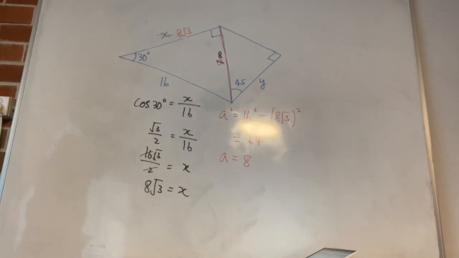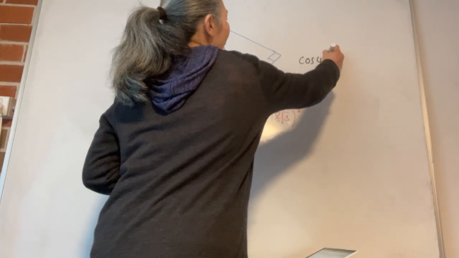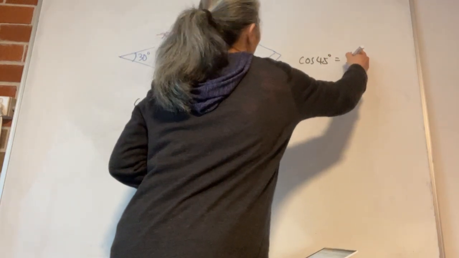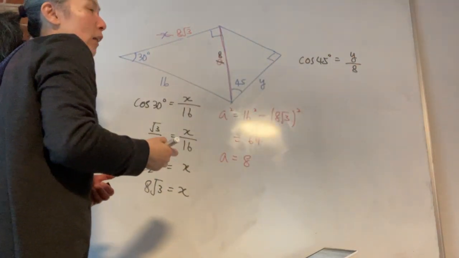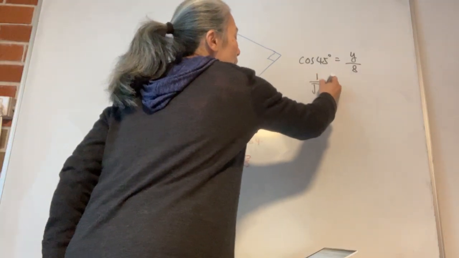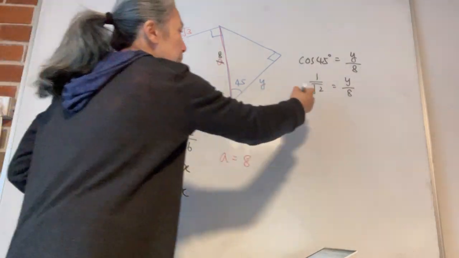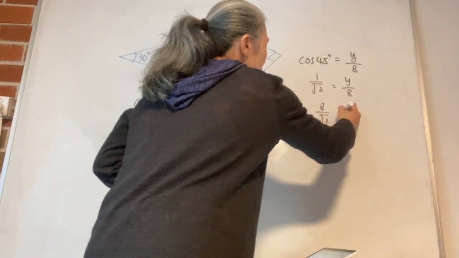Were you able to find out y now? We have adjacent, we have hypotenuse, that means we are going to use cos. Yes, of course. So you are going to write cos 45 equal to y over 8. And cos 45 from the triangle you know is 1 over root 2, equal to y over 8, times the 8, so 8 over root 2 equal to y.